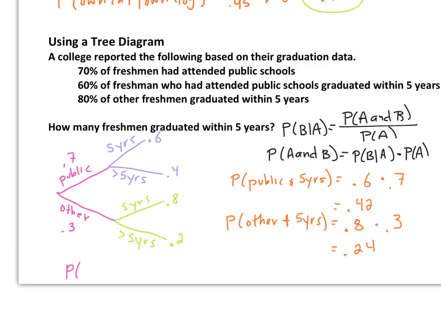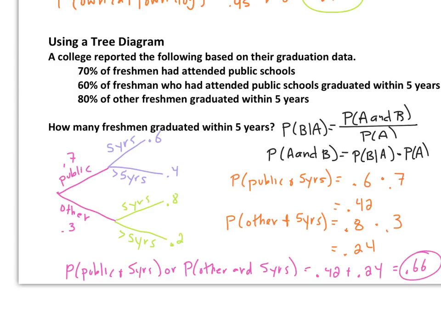So probability of public in 5 years, or probability other and 5 years. Well, we know with an or probability we are adding, so 0.42 plus 0.24, so our total probability is 0.66, or 66%. So how many freshmen graduated within 5 years? Given this set of data, 66%.